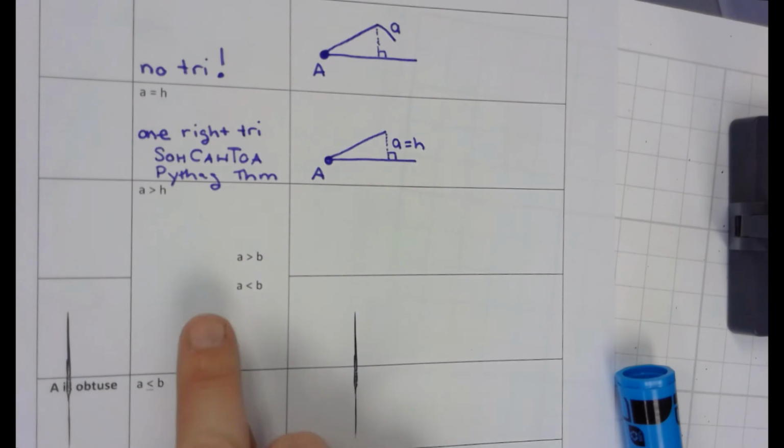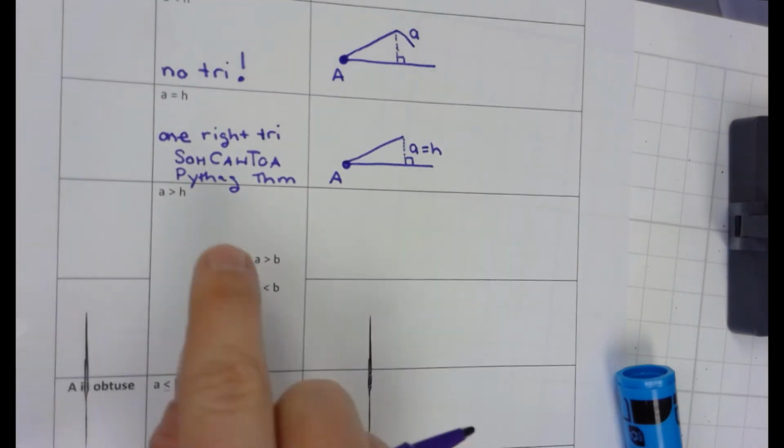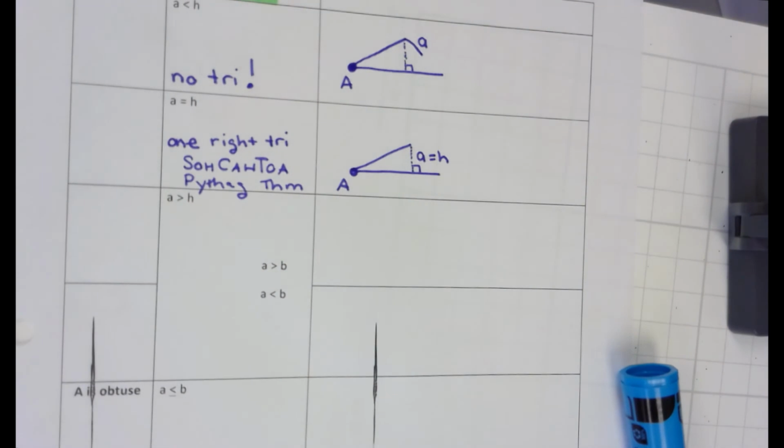Okay, so here's what you were telling me. If you calculate this and the A is larger than your height, that's this picture right here because the height is shorter. So this is the case where it can either kick out or it can kick in. And you have two possibilities. Okay?